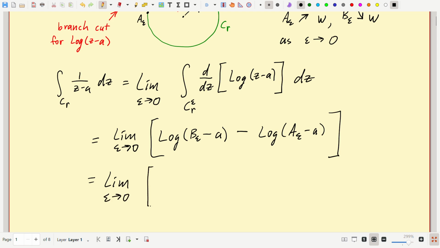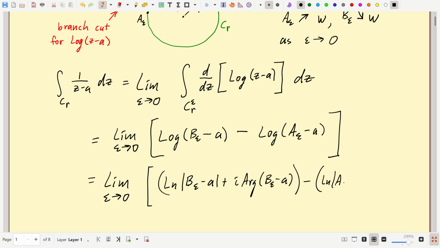The log of this thing is going to be the natural log of the modulus of b sub epsilon minus a, plus i times the argument of b sub epsilon minus a. And of course we'd have the same thing, minus the same thing except with a sub epsilon where the b sub epsilon was.